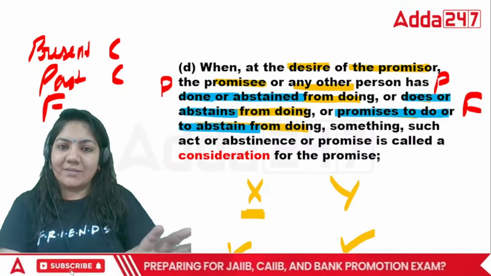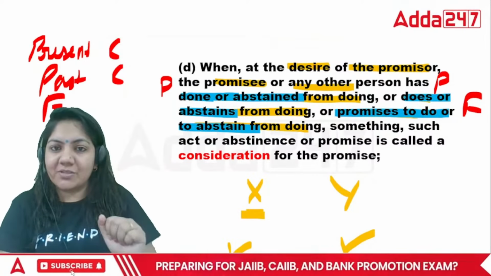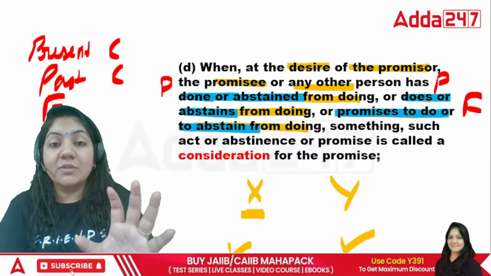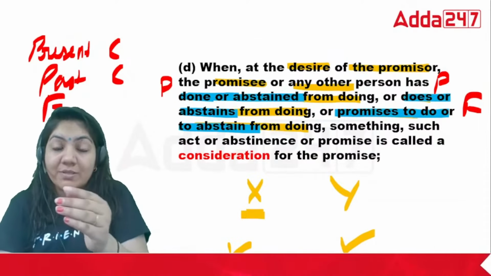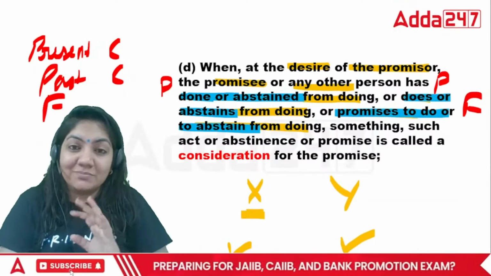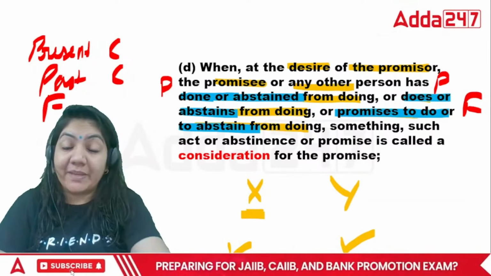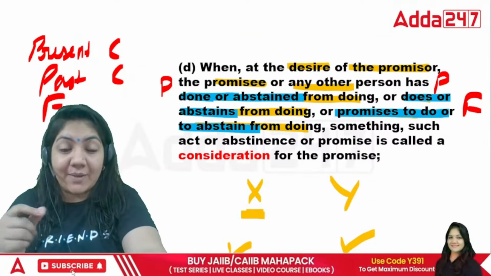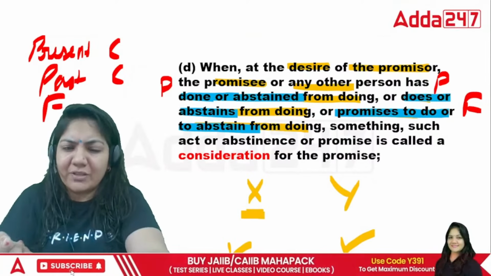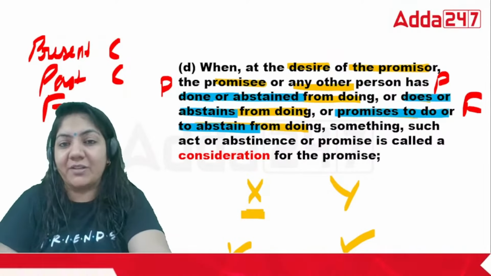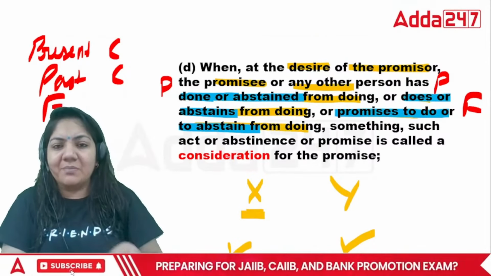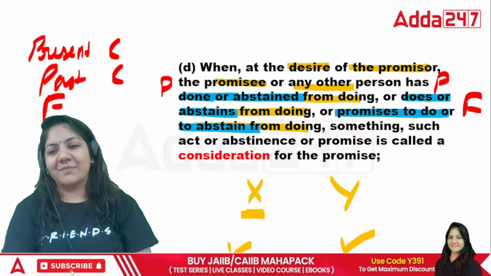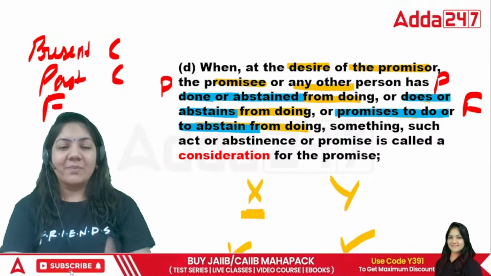Suppose in class I teach you this definition, many students will be afraid: oh my God, we have to learn this one, we have to understand this type of language. No. So that's why in each paid class, I try to teach you with a very simple and basic definition. So consideration, you have to learn nothing but something for something. That's it.